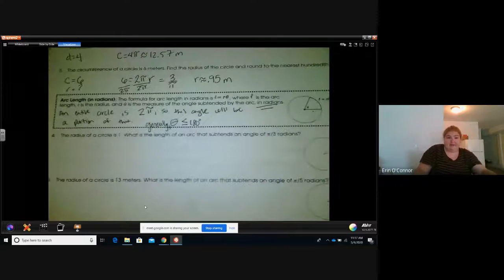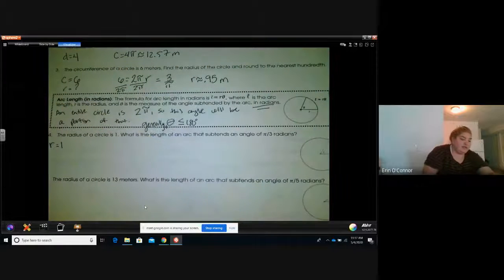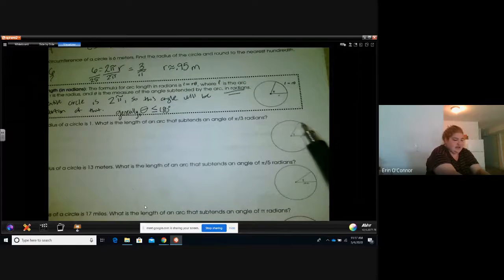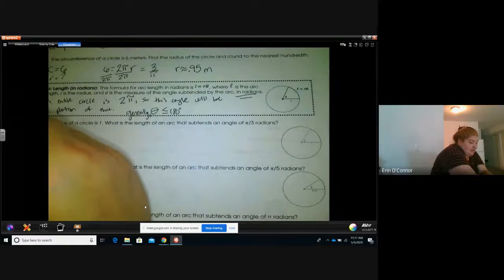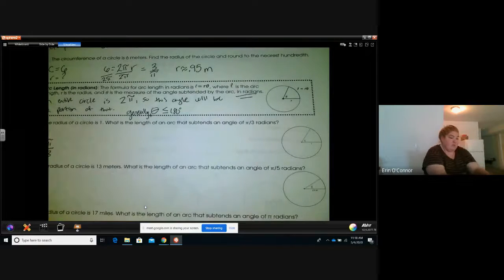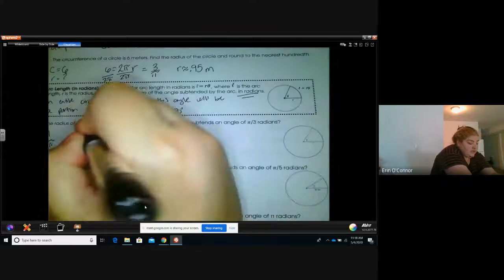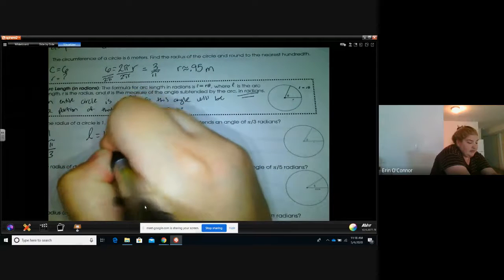So let's identify what we know. The radius of a circle is 1, so r equals 1. What is the length of an arc that subtends an angle? Subtends just means it connects with this angle. Like this arc goes with this angle. An angle of pi over 3 radians. So the angle, or theta, is pi divided by 3. So we plug those in. The length is equal to r, which is 1, times our theta, which is pi over 3.